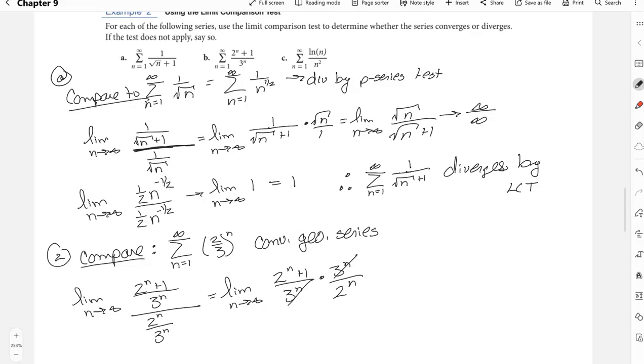You can see how those are going to cancel. So I'm looking at the limit as n goes to infinity of 2 to the n plus 1 over 2 to the n. So right now I'm in the form of infinity over infinity.